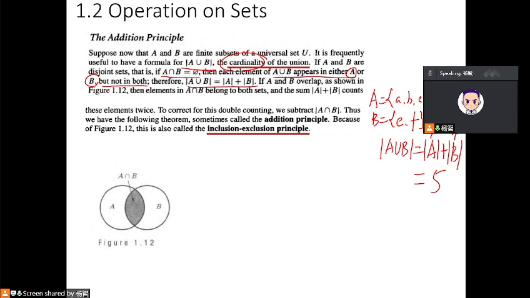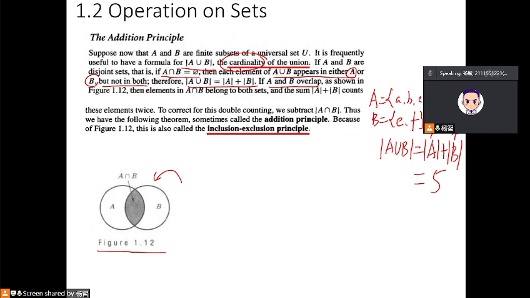And there is another condition. If A and B overlap, it means they have some common elements between these two sets, as shown in figure 1.12. In this Venn diagram, you can see that there are some common elements between these two sets.